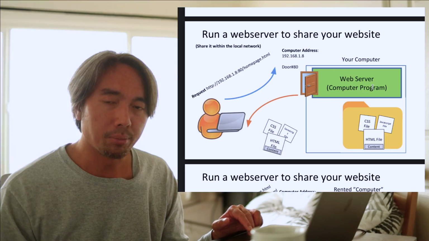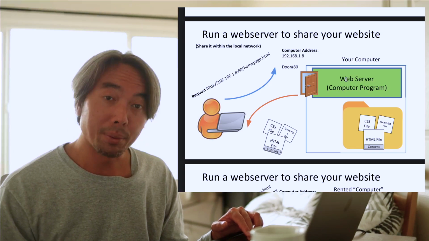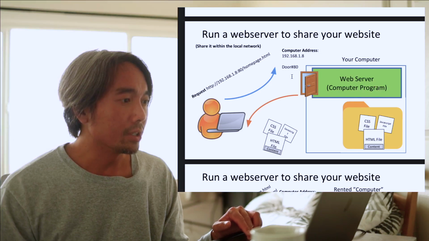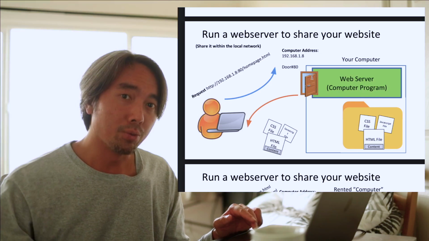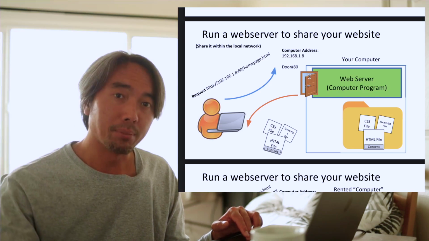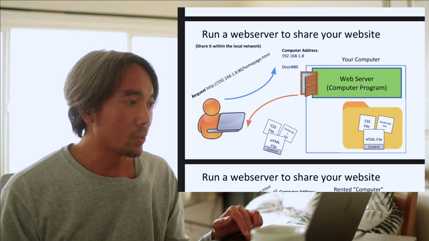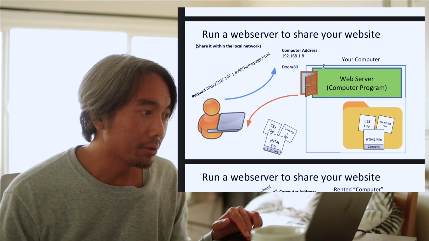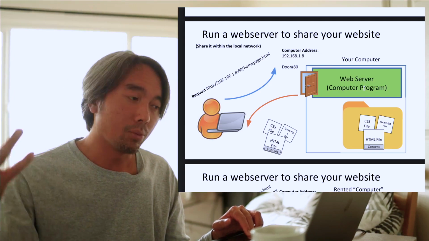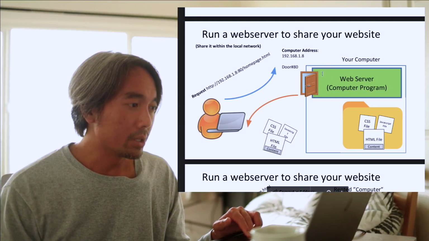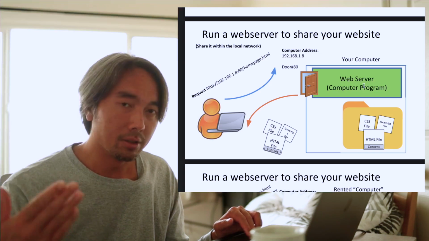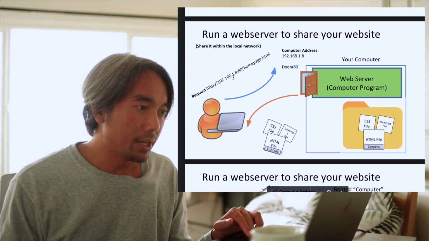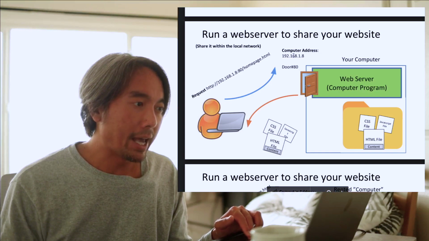The quick answer is you need a computer program called a web server. For this computer program, you will assign a room in your house with a room number. For example, we're going to assign this web server to room number 80 in this example, and we're going to start that web server. Once that room is active and you open that door, people on the internet, all they have to do is have the address to your house.